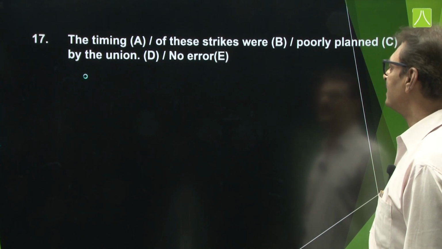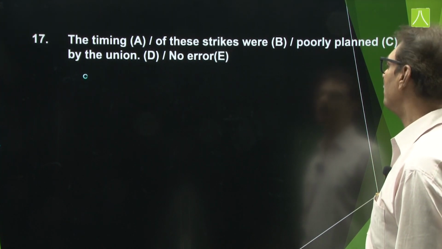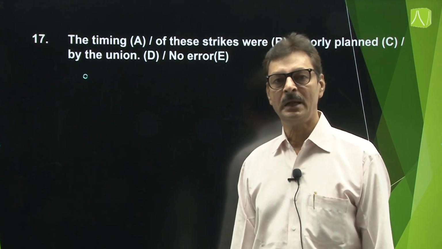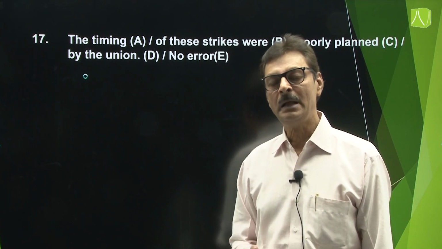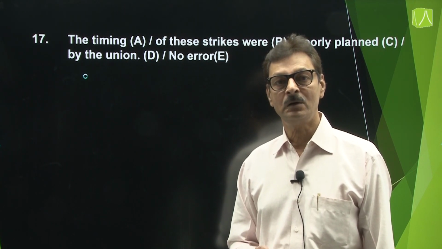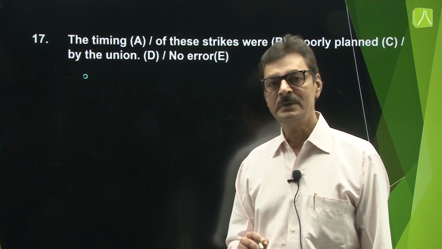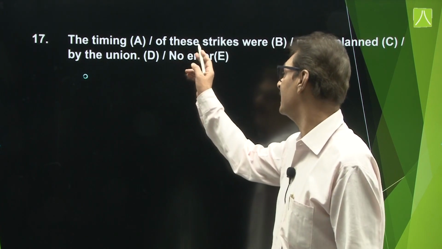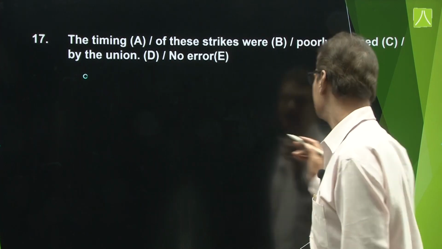The timing of these strikes were poorly planned by the union. Are we talking about the strikes or the timing? हम बात किसकी कर रहे हैं? Timing की. And the verb depends on the subject, never on the complement. The subject is timing, complement is strikes. So verb किसके संग coincide करेगा?